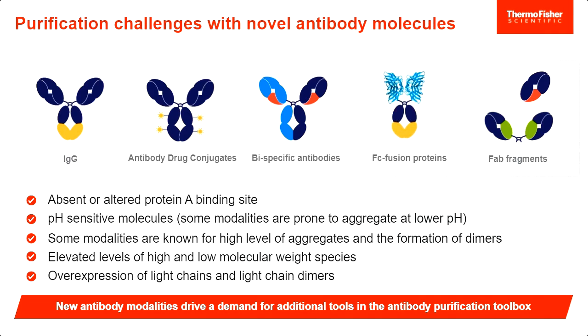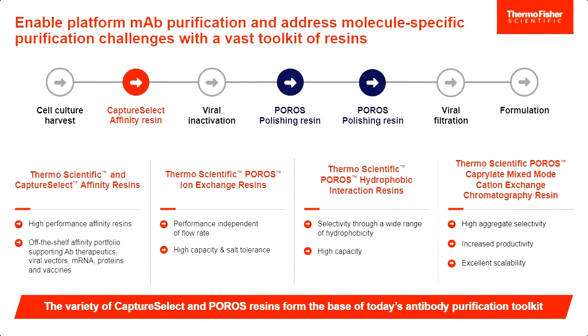So, for example, species that don't bind your standard protein A resin. Also, there could be issues with removal of the different types of product and process related impurities like aggregates and high molecular weight species. So, to address this, Thermo Fisher has developed a range of affinity and polished resins.